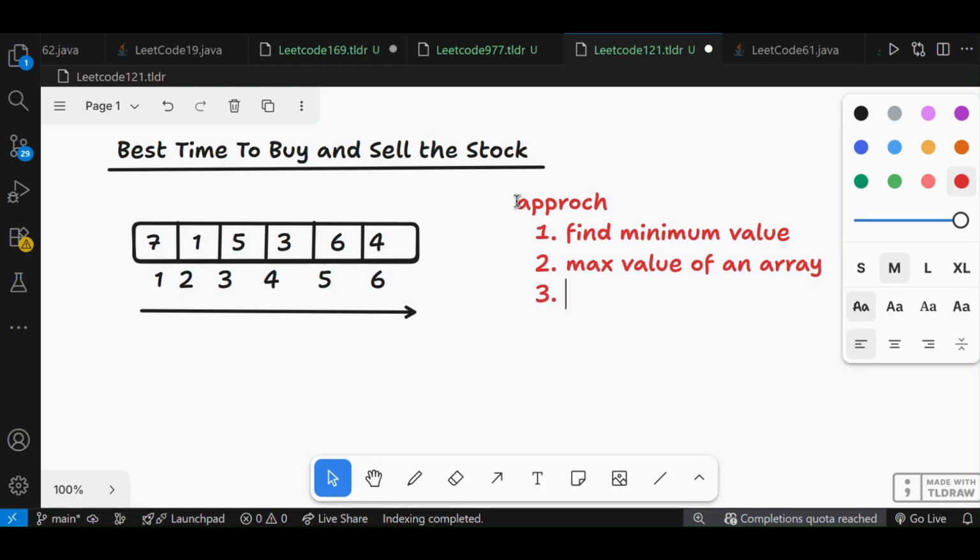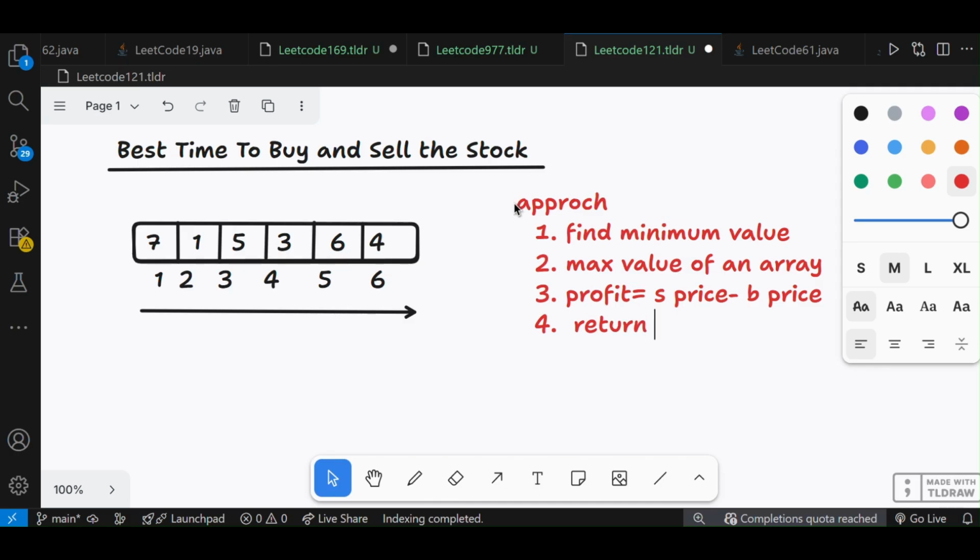In the third step, I need to find the profit. Profit is the price on the day I sell the stock minus the price of buying the stock. So profit will be sell price minus buying price, and at the end we return the profit.